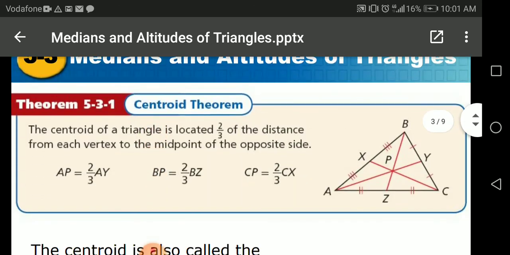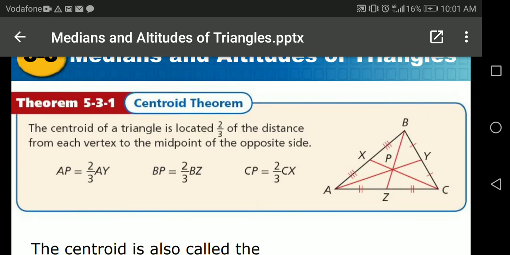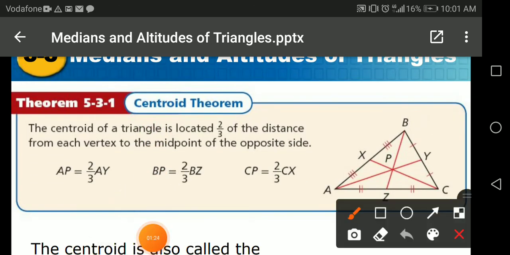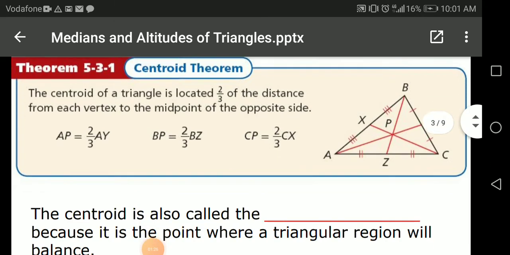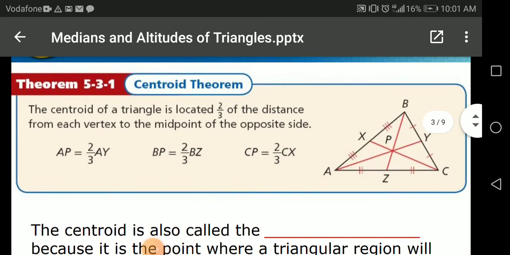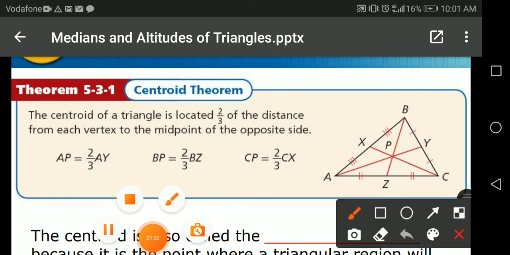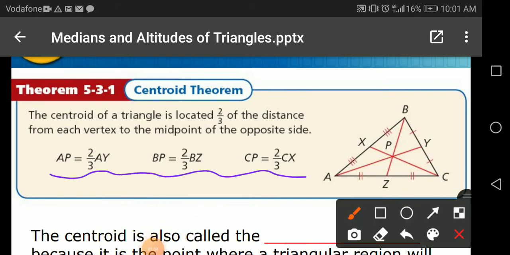What about this? This is the rule or theorem that we have. If I give you three medians in the same triangle, what will the distance be? Let's see together. Remember the centroid P, where the medians meet.